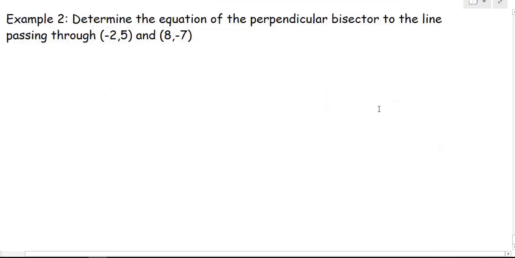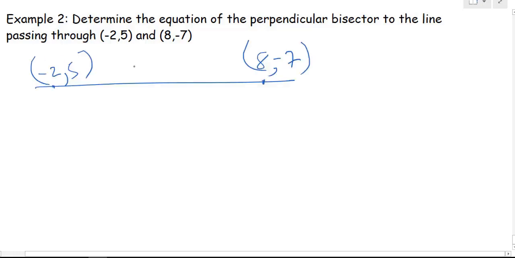In the next example, we are going to determine the equation of the perpendicular bisector to the line passing through minus 2, 5 and 8, minus 7. The first thing we do is determine where the perpendicular bisector touches the line.